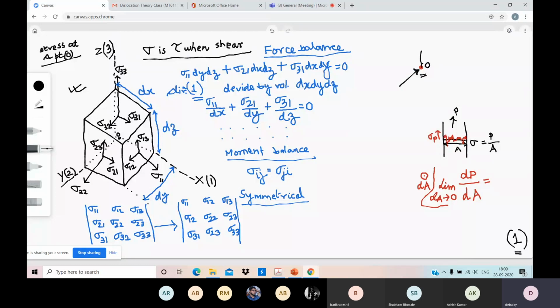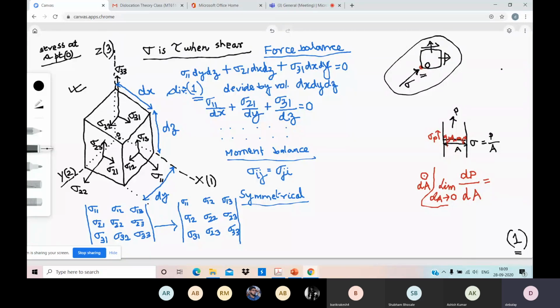So if the point belongs to a body, now you can represent it that the stress that is acting, sigma, you can divide it that there is a component acting this side, a component acting this side. There is a normal component. Similarly, there is a shear component. There is a normal component. There is a shear component. So in this way, you can represent the stress in terms of components.